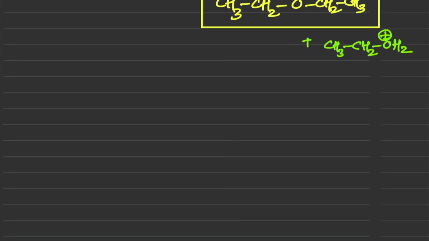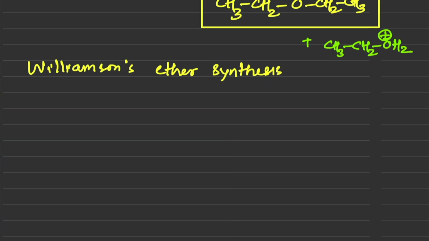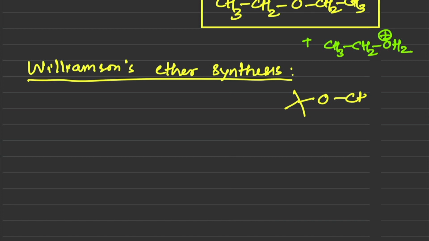So let's look at another type of ether synthesis, the Williamson ether synthesis process. This is also an industrial process. What if your goal is to prepare this ether? I'm going to draw the whole thing, that way you can see what exactly is happening.